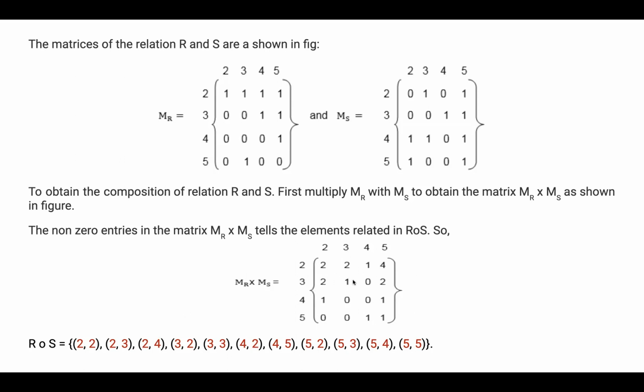Then 2 4, is it a 0? No, so 2 4. All pairs which are non-zero are taken for the R composite S. Simply, 2 5 is also not 0, so 2 5 is also written in this one.